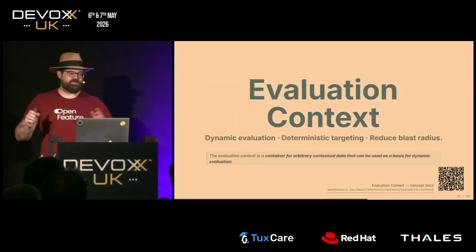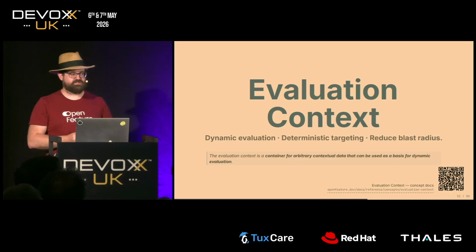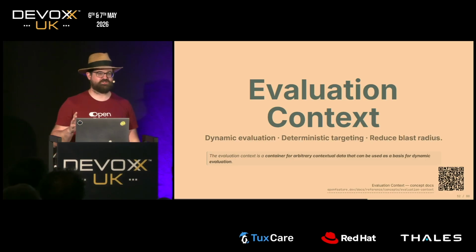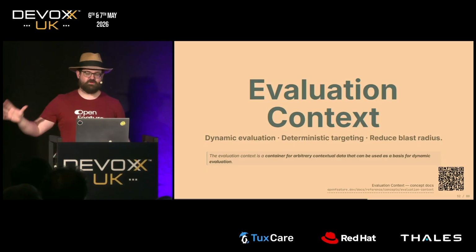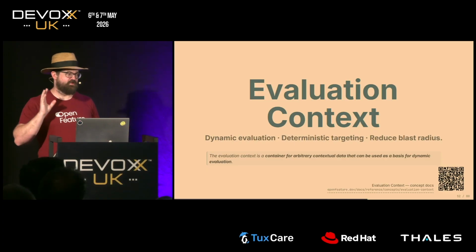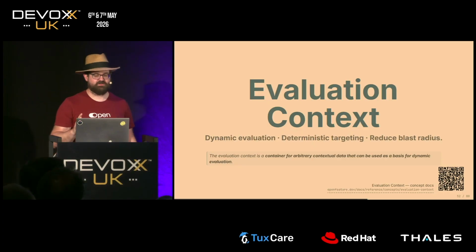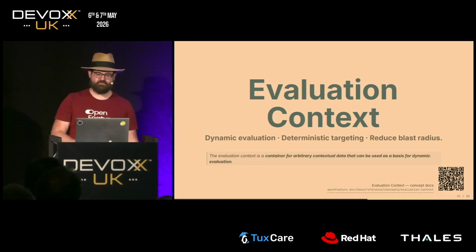So the evaluation context is the part which allows us dynamic evaluation. We can put in any kind of information we like and forward it to the evaluation API. It offers deterministic targeting, and it can be used to reduce the blast radius of our bugs, which is, in my opinion, the most powerful tool.